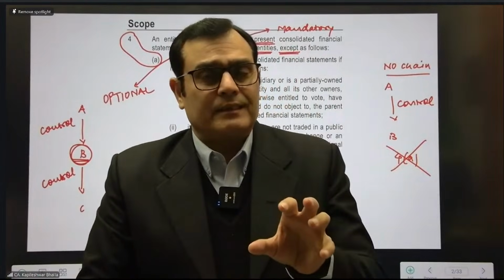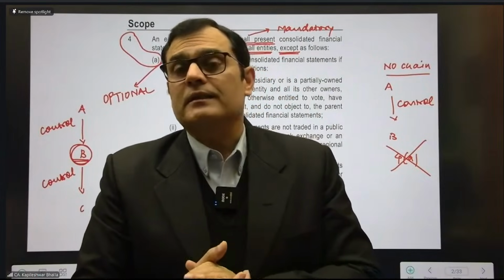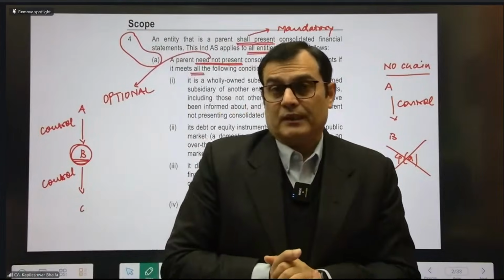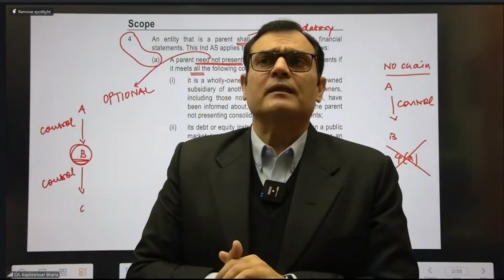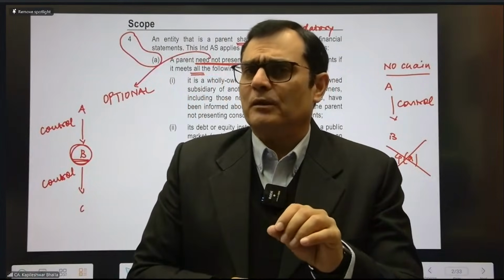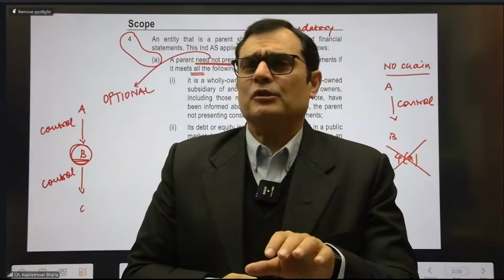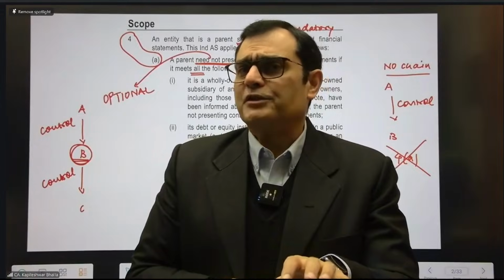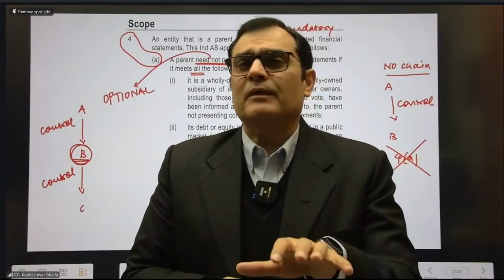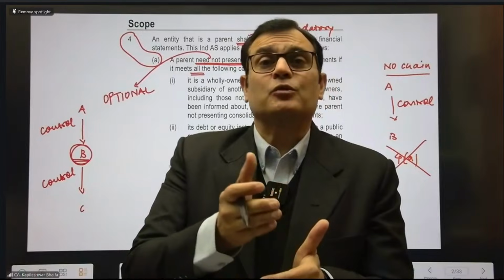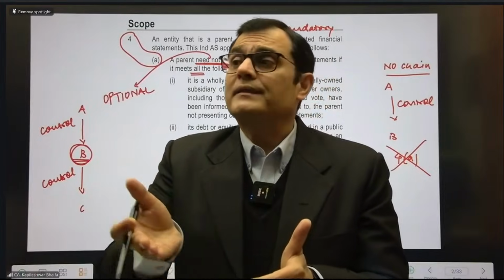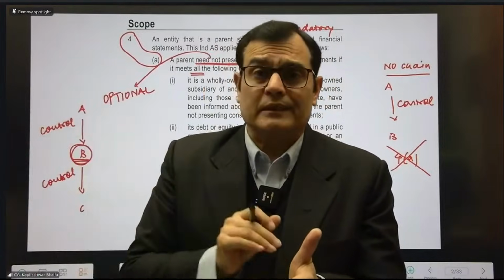So the standard setters thought that we could give certain kind of exemptions, which is optional in the hands of company B, that if you fulfill these particular parameters, you get a choice. You may not present consolidated financial statements, because otherwise it leads to duplication of consolidation, because A is in any case going to consolidate C. So why tell company B that you also consolidate C?